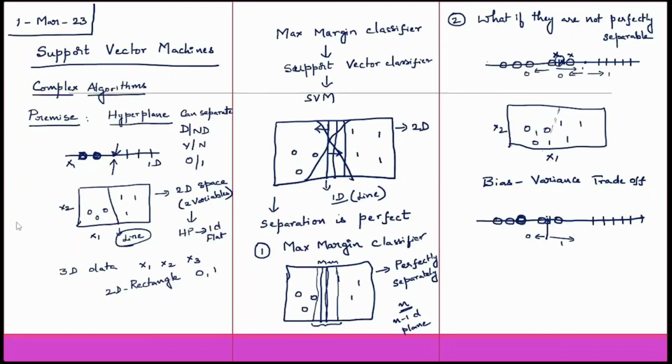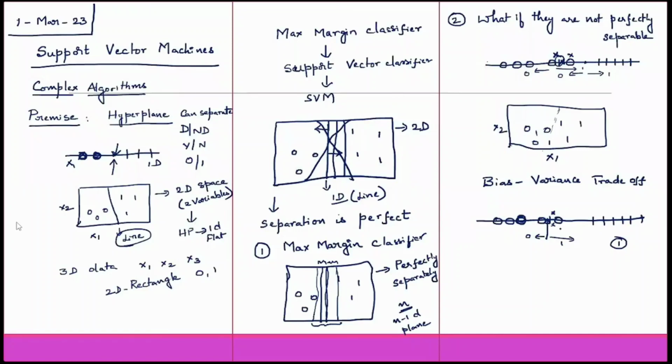But think of a scenario. A new point coming somewhere here. Automatically, this would be classified as a 1, because this is where we have put our cutoff. So if a point is here or here, it would be classified as 1.